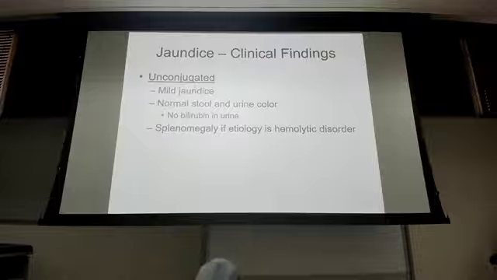And the stool and urine are going to be normal because there will be no bilirubin in the urine. If it's a hemolytic disorder, we expect to see something going on with the spleen. So splenomegaly, some enlargement of the spleen. And that will be your unconjugated or your prehepatic, indirect causes of jaundice. So know the differentiators when we talk these next couple of slides from this one.